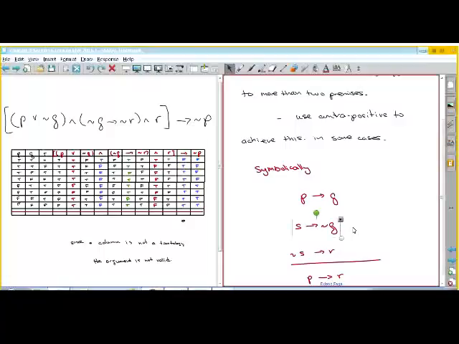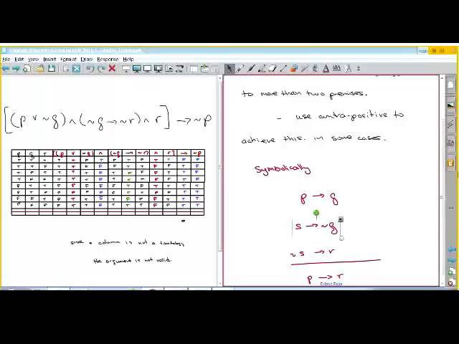So the problem, if I had this argument, you'd say, well, I can't cancel out the Q's because I've got a not Q and I've got a Q, and they're on different sides of the if-then statement. So this doesn't nice and neatly fit into the format we just looked at. But you can use the fact that the contrapositive of a conditional statement is equivalent. They're equivalent to each other.